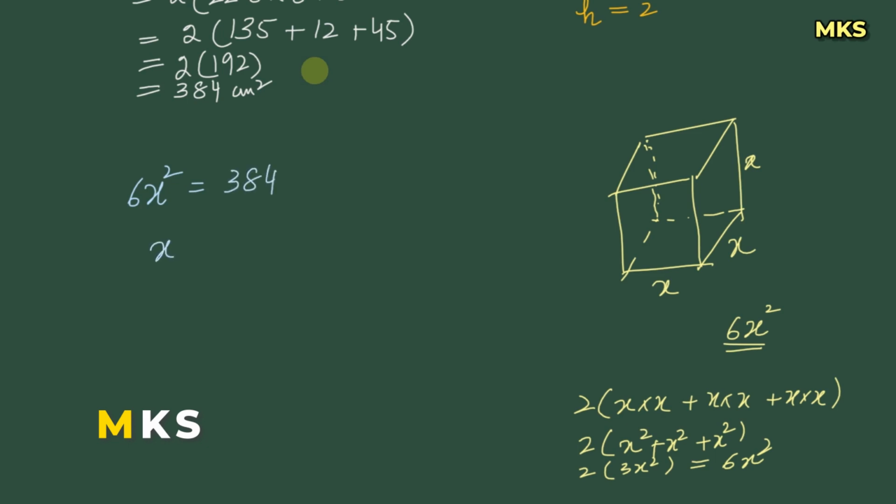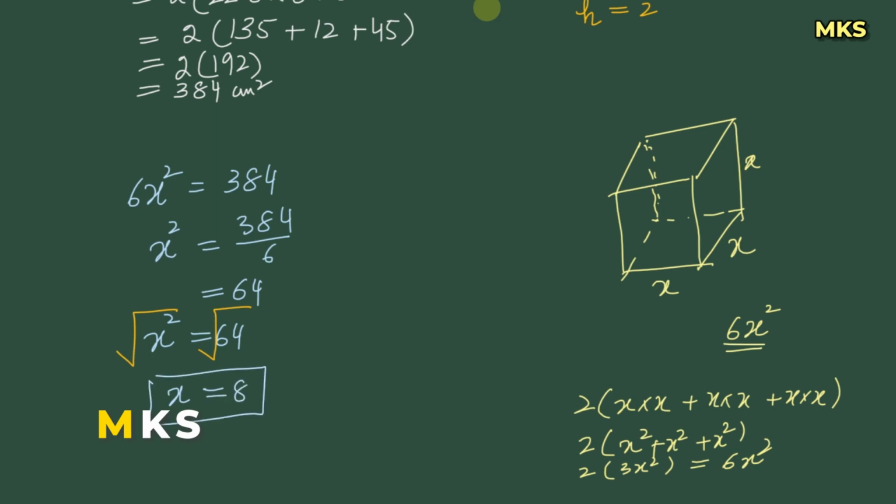So x square will be equal to 384 divided by 6. So 384 divided by 6 is 64. If x square is equal to 64, we can find the value of x by taking square root of both sides. That will be x is equal to 8. That is the answer.